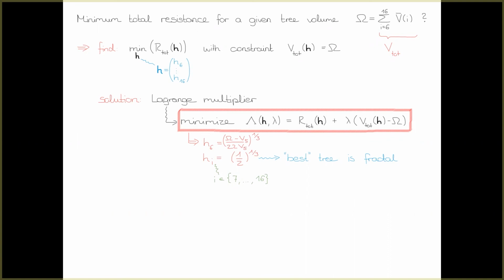Okay. So now the tree which we are forming here, because we are stopping at generation 16, does not exactly fill that volume, but the fractal one, when you go to infinity, that one would basically fill that volume exactly.